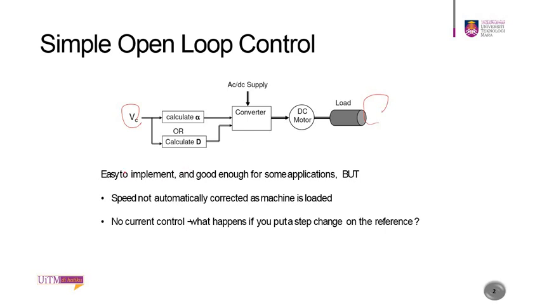For a simple open loop control, it's easy to implement, and in some applications it's good enough, but speed is not automatically corrected when the machine is connected to the load, and there will be no current control.